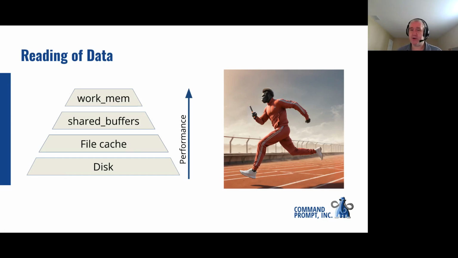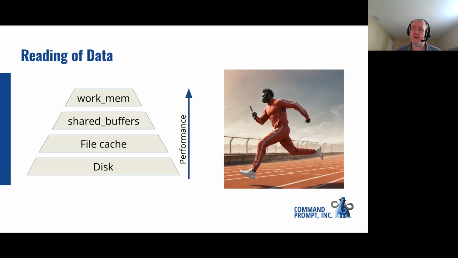If it's not available in its work mem, then the next place that it'll start looking is in shared buffers. Shared buffers is an area of memory that is allocated to the Postgres server as a whole, the main Postgres process. It's available through an inter-process communication call.